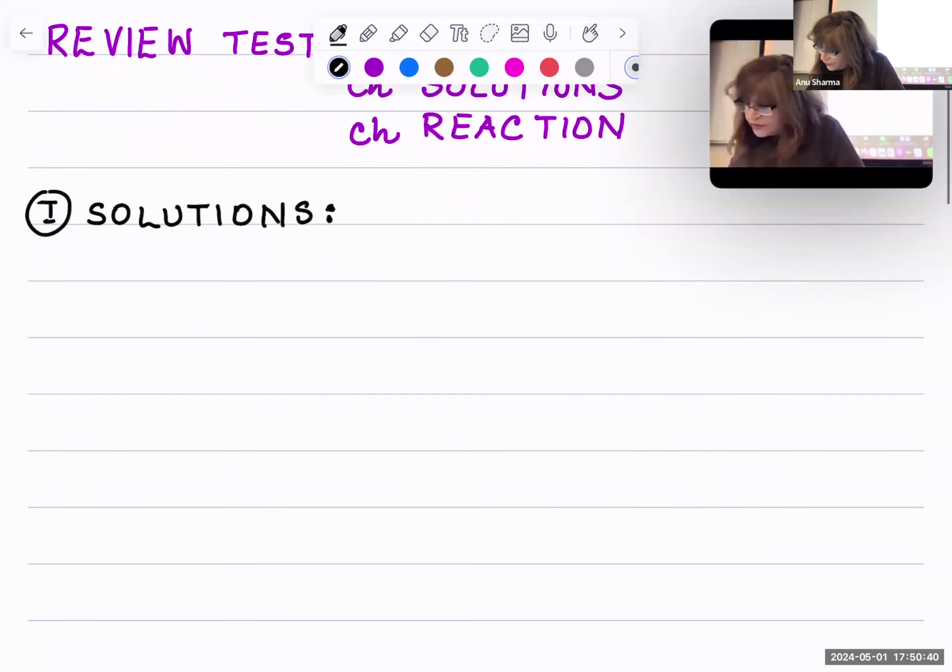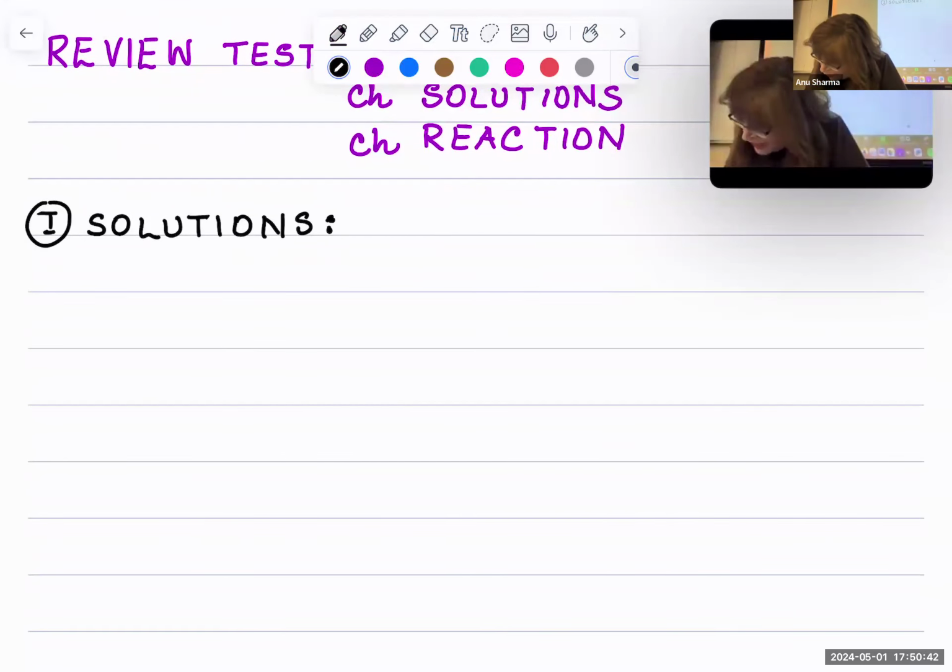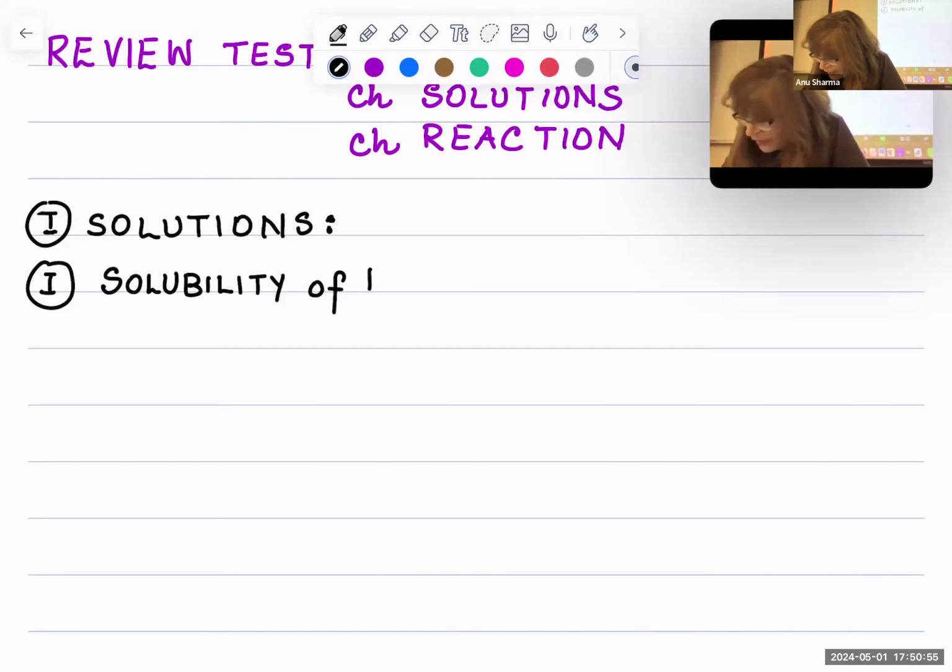And yes, other things, of course, you have to do. So first thing from the solutions chapter is the solubility of ionic compounds. So let's look at that. For the solubility of ionic compounds, what are you going to do?